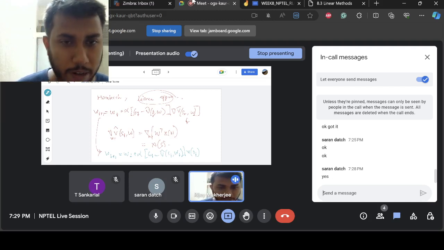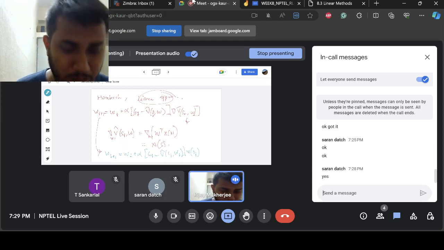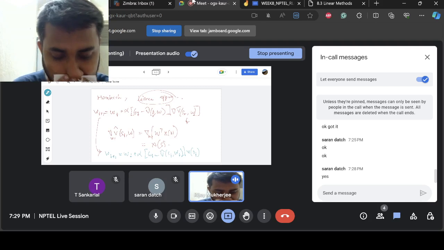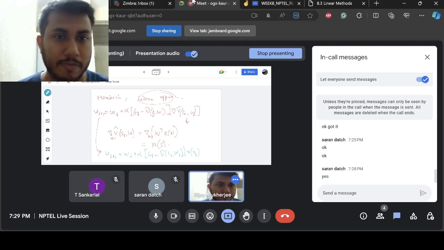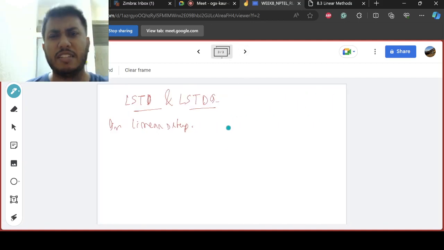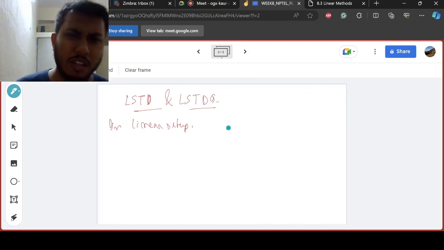This one is only available when you are using linear approximation, not in all cases, but only for linear approximation. Now your typical LSTDQ setup in the linear setup.